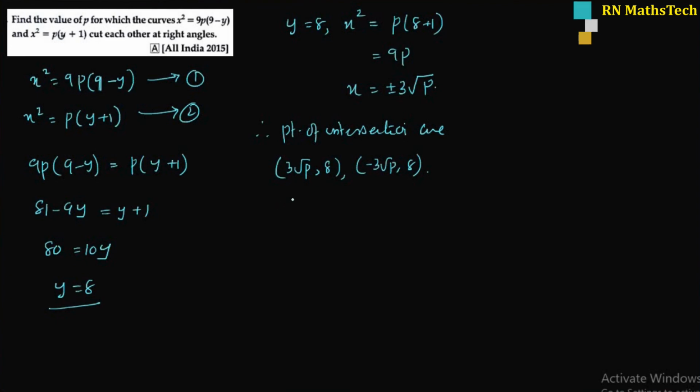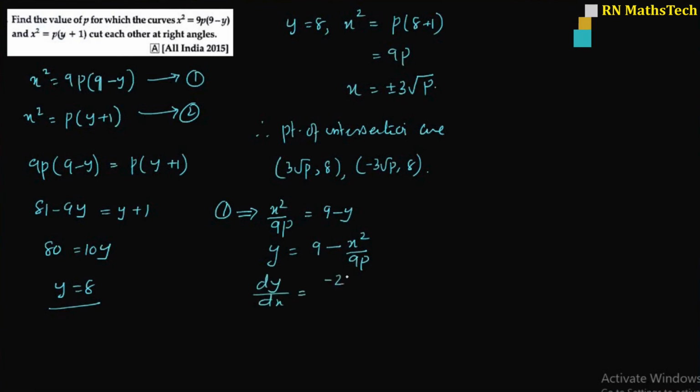Now for the first curve, x square by 9p equal to 9 minus y, or y is equal to 9 minus x square by 9p. dy by dx is equal to minus 2x by 9p.